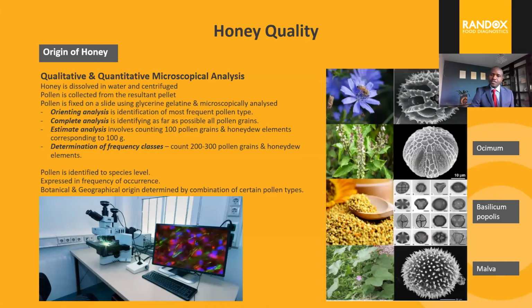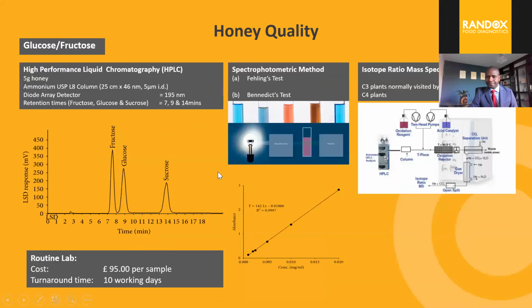The determination of the frequency of classes of pollen is mainly used, especially to check the honeydew types of honey. So pollen is identified to species level. Therefore, if your honey has been adulterated or mislabeled as monofloral, you can actually do pollen analysis. This is why honey processors send their samples to a lab to have it checked for pollen.